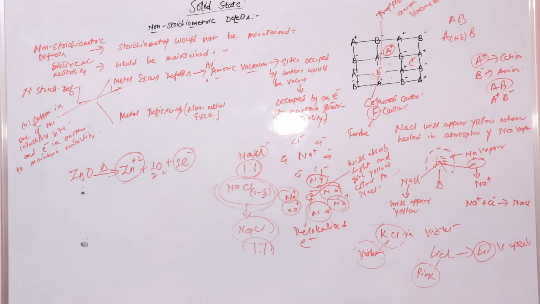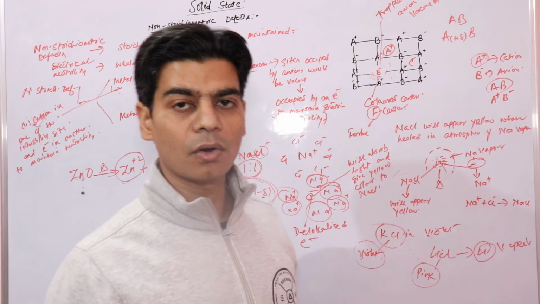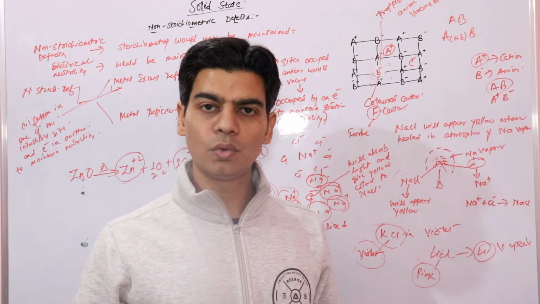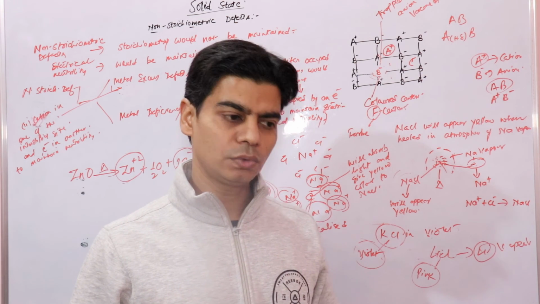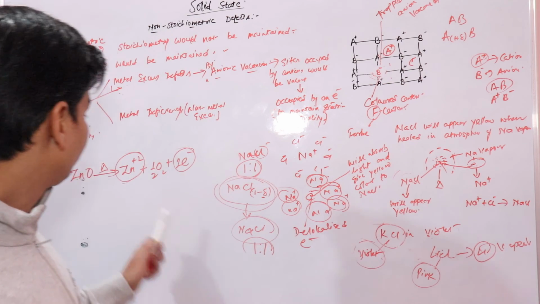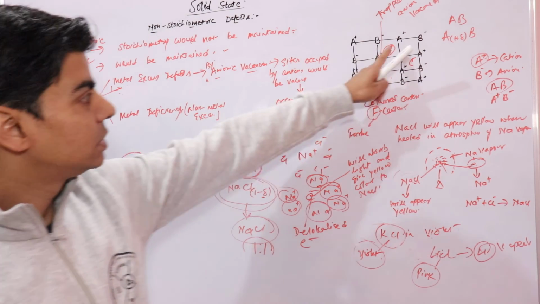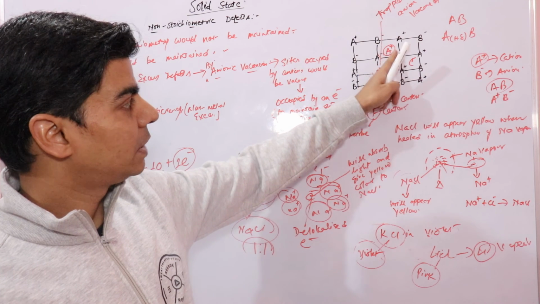And since this is an interstitial defect, the interstitial sites are occupied. This is similar to Frenkel defect, because you remember in Frenkel defect also the interstitial site was occupied, right? Here the interstitial sites are occupied by the metal cation.